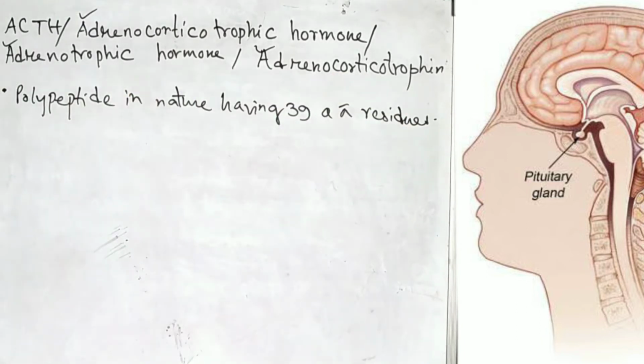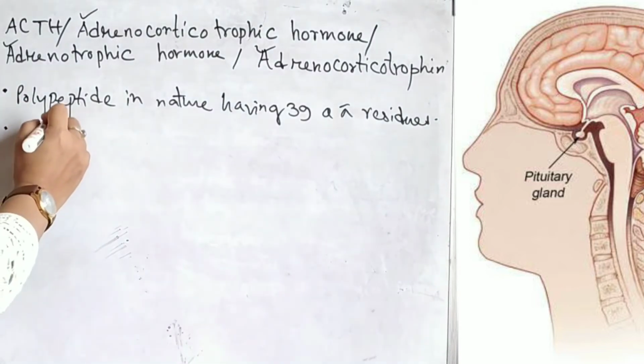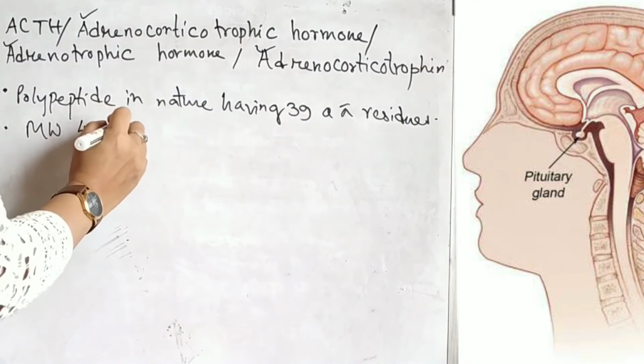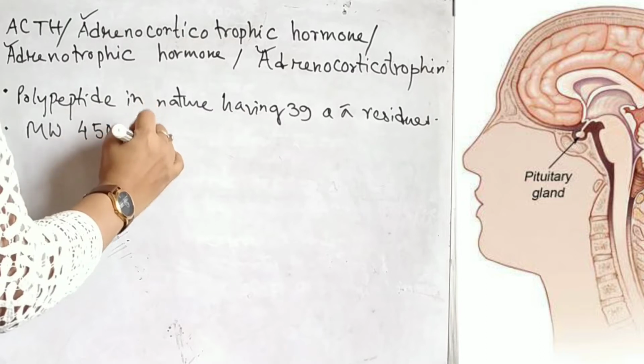Generally, we know that when a protein is synthesized, the building blocks are amino acids. So here they have 39 amino acids. What about the molecular weight? The molecular weight is about 4,500.